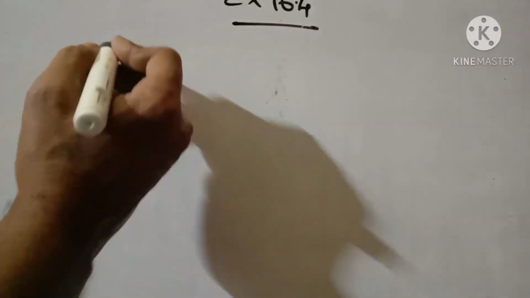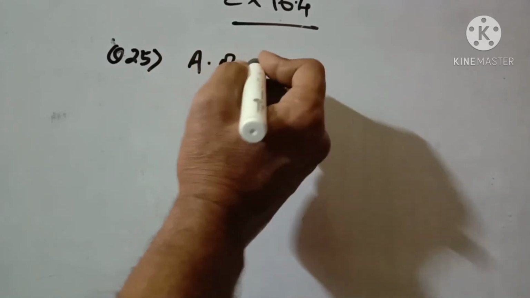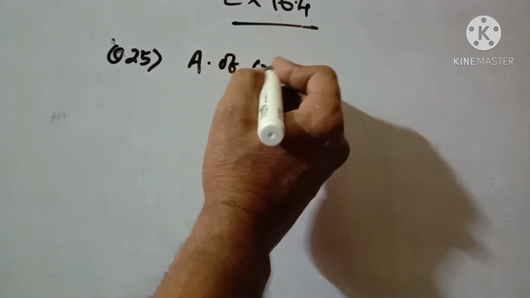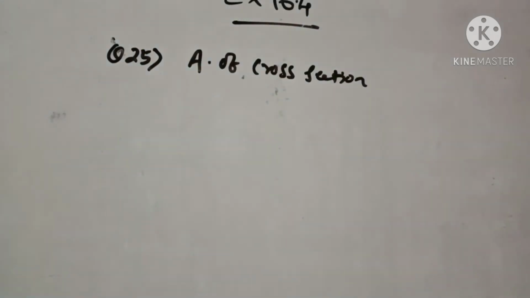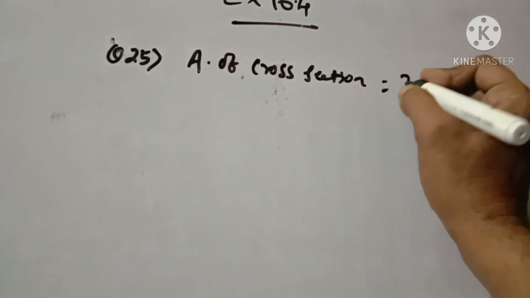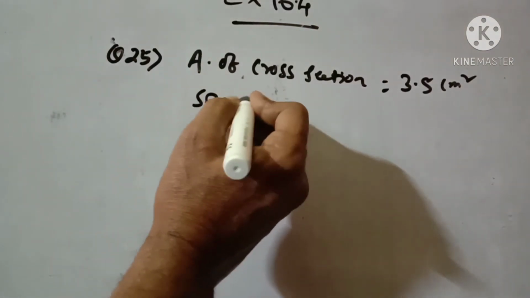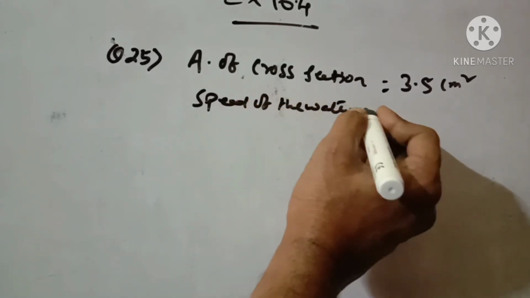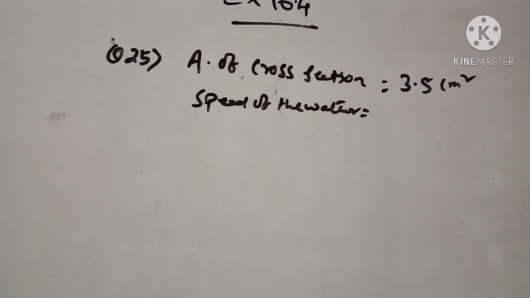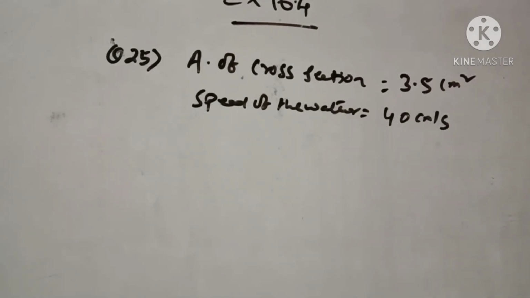So question number 25. Area of the cross section is given, 3.5 centimeter square, and speed of the water is 40 centimeter per second.